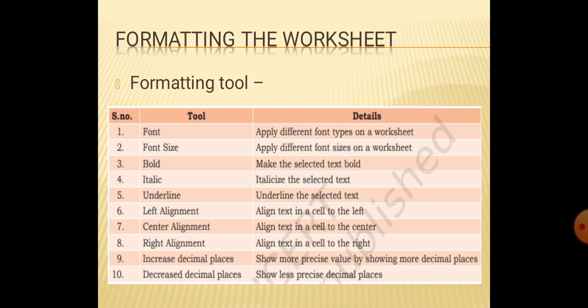Next one is bold. The letters can be bolded using bold, italicized using italic, and underlined using the underline option. Alignment means positioning the text. The text can be aligned to the left, for example, the text in these cells is aligned to the left.